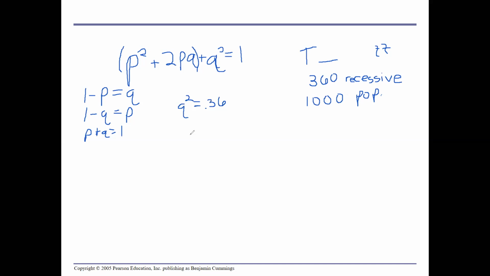Okay, that's Q squared. So how do you find Q from that? Well, remember square root. And that's going to equal 0.6. So now 1 minus Q equals P. So we can find P. So this is Q. We've got Q now.